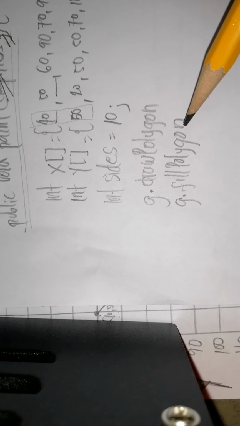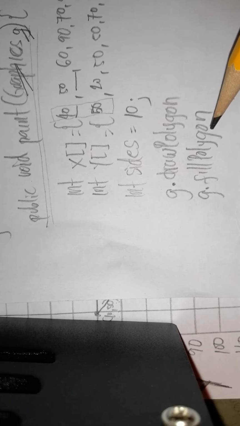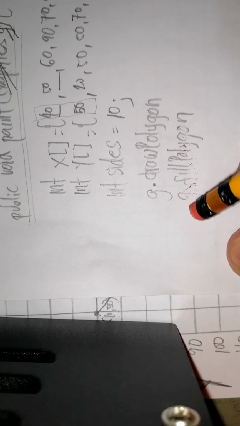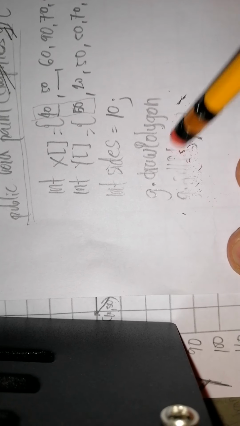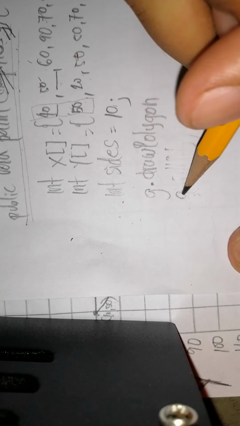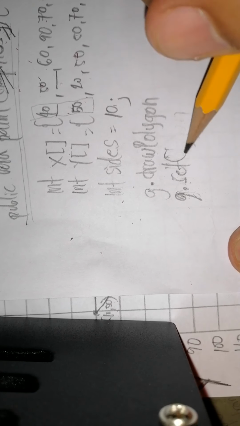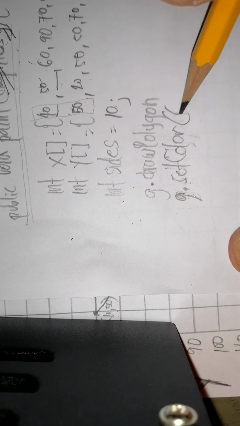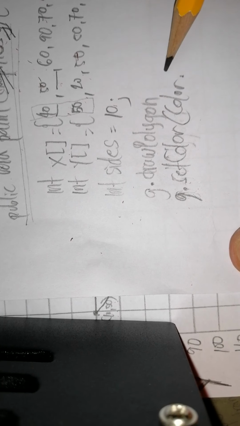And then of course, kailangan natin mag-set ng kulay for our fill polygon. Example, pag magsi-set tayo ng kulay, so we have g.setColor. Okay, then we have color that, say for example, blue yung hinihingi ng instruction.